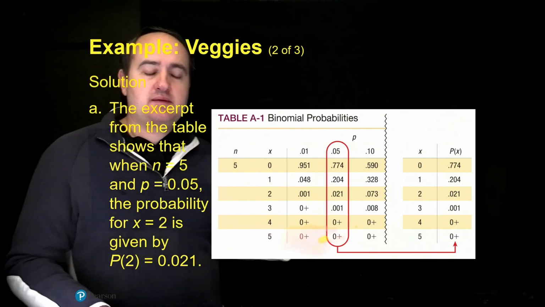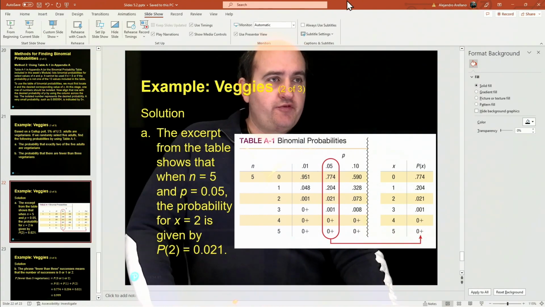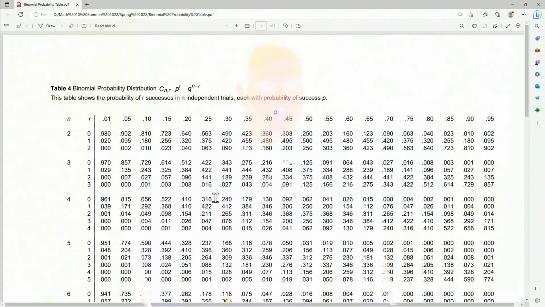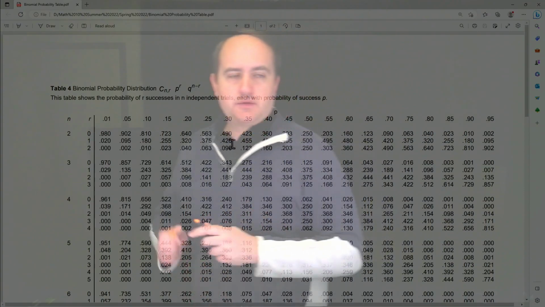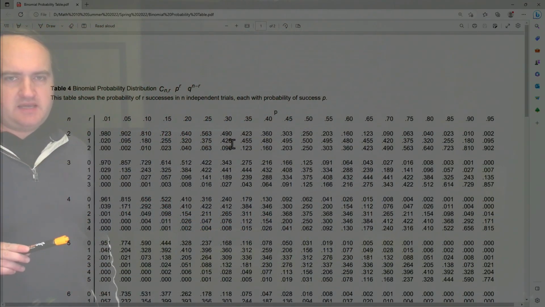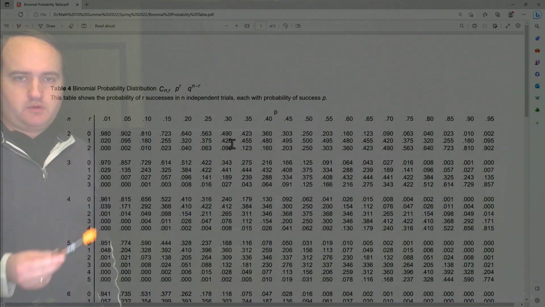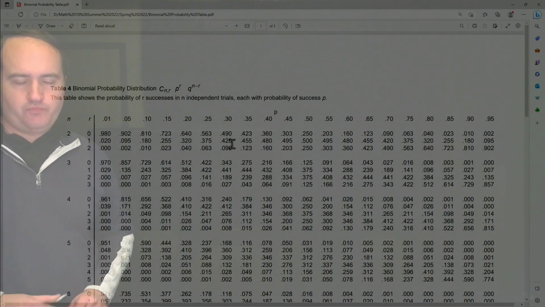Okay, and then we can do the same thing with the table that's in our module for this week. Let me just show you that real quick. For N is 5, here, instead of X, we have R. So R is 2.